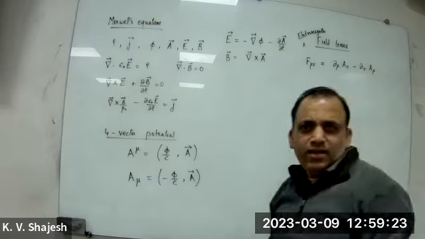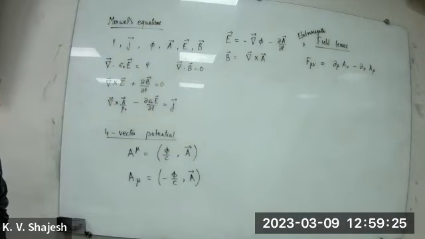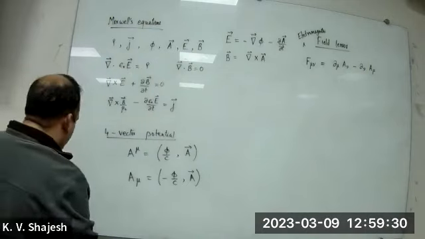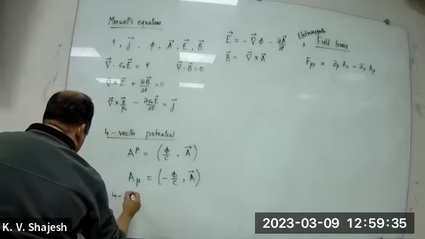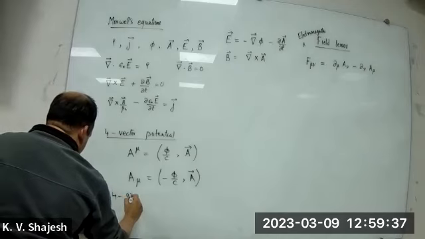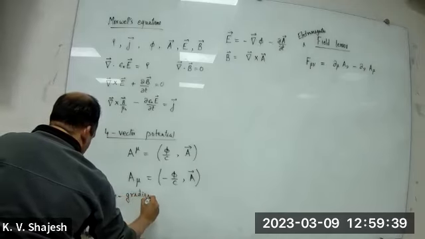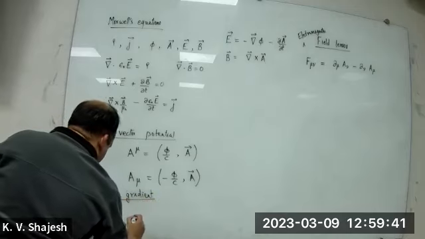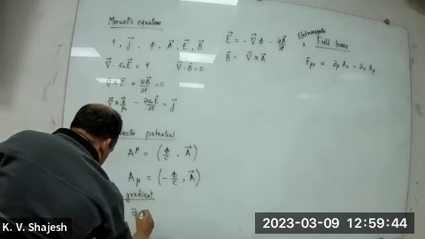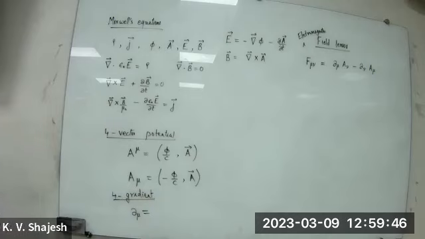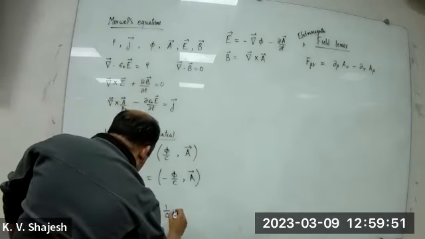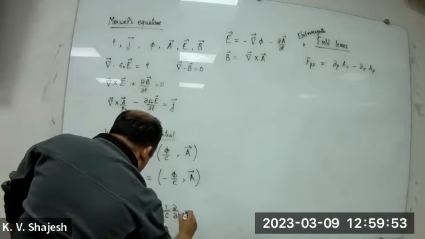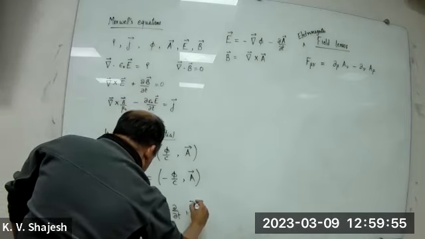Maybe we haven't used the 4-derivative so much, so that's the 4-gradient. The 4-derivative d mu is equal to 1 over c d by dt, and this is the gradient.